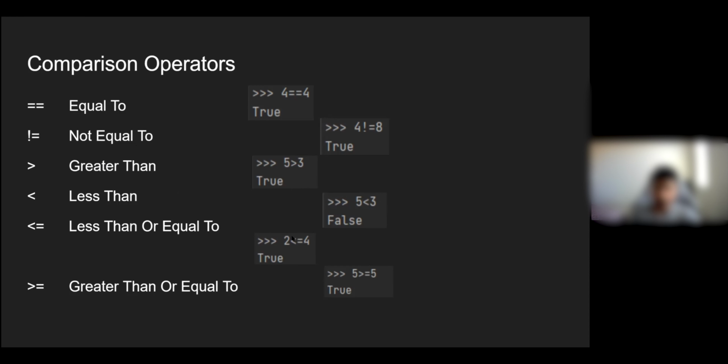So 2 is less than or equal to 4 outputs true. And the greater than or equal to operator is the greater than symbol and then the equal sign. So 5 is greater than or equal to 5 outputs true because 5 is equal to 5.